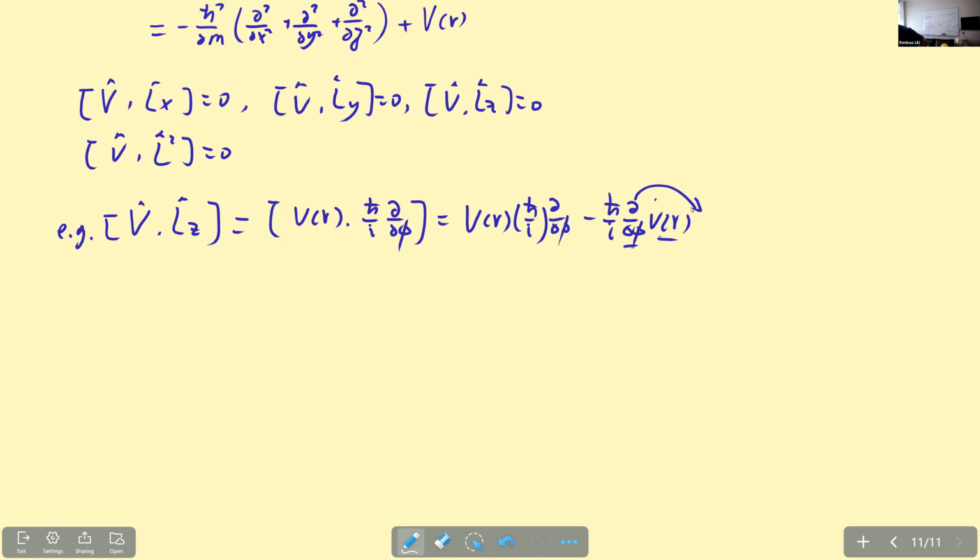But this one can be moved over, because the potential does not depend on phi. So that means the two terms just cancel each other. So it's very easy to check.